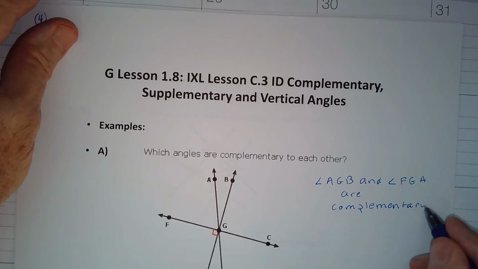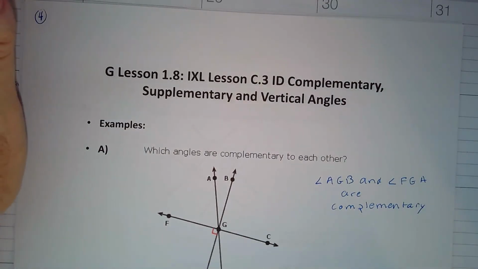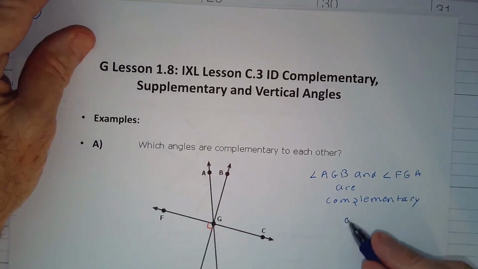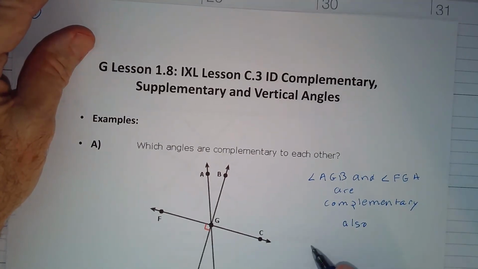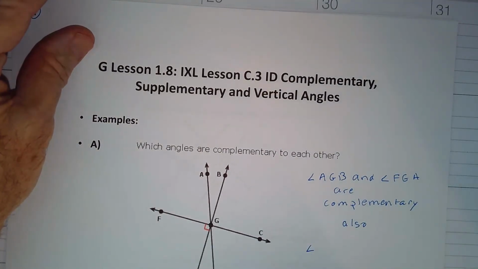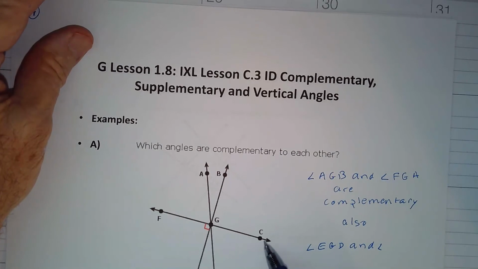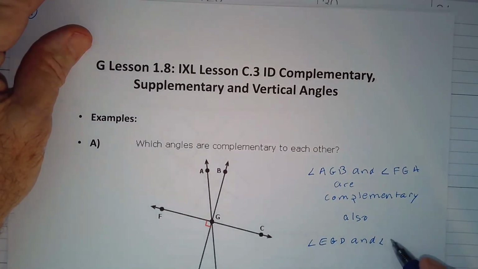Now in IXL they're only going to ask you for just one set of these, but if you look down here at the bottom you can say also angle, let's see, EGD and angle, let's see, DGC are complementary.